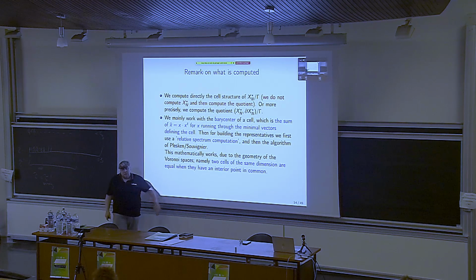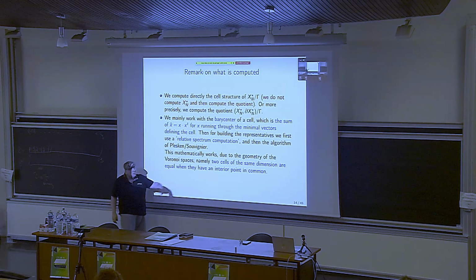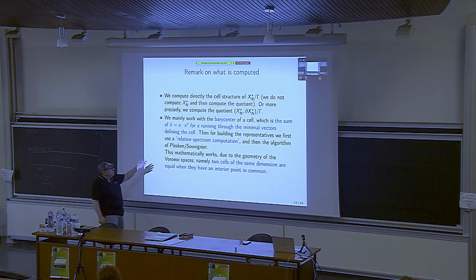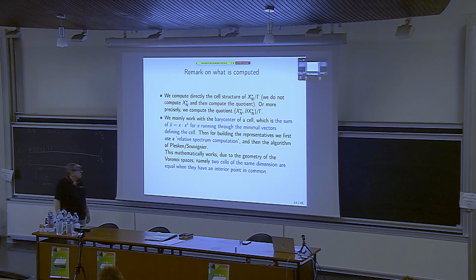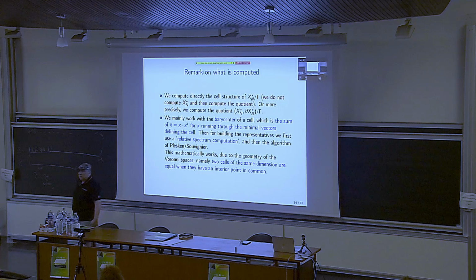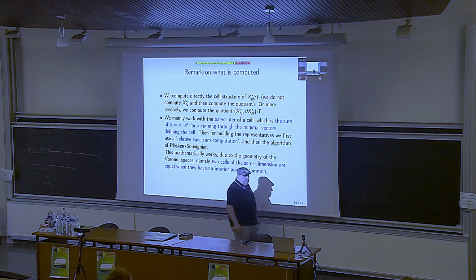Nevertheless, even if we are in low dimension, this algorithm is still costly because we have to perform such operations millions of times. So we still need something fast in order to distinguish the cells as fast as possible.